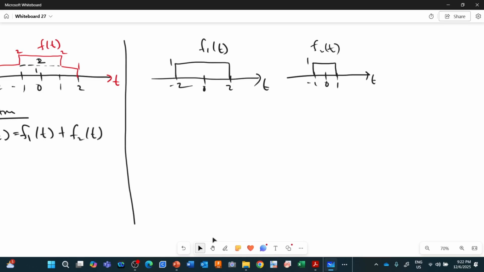Amplitude addition, like doing the even signal, right? So T: 0, minus 1, minus 2, 1, 2. Okay, so let's look at minus 3.